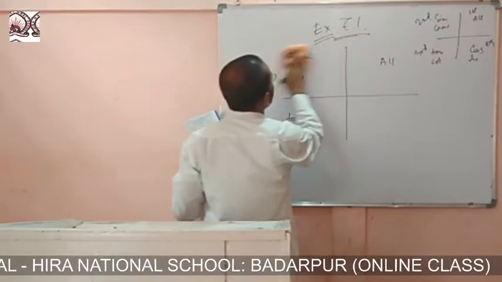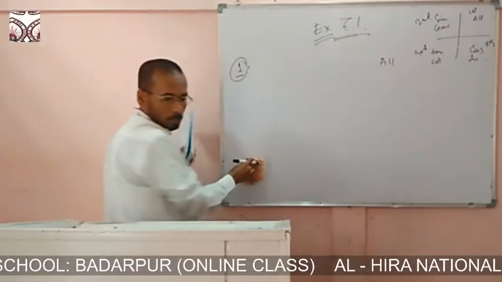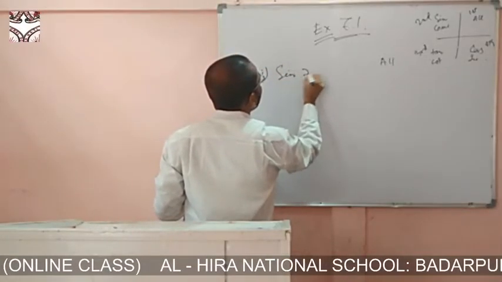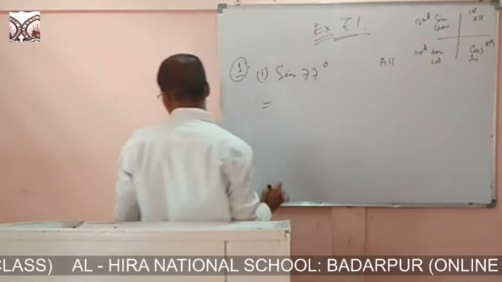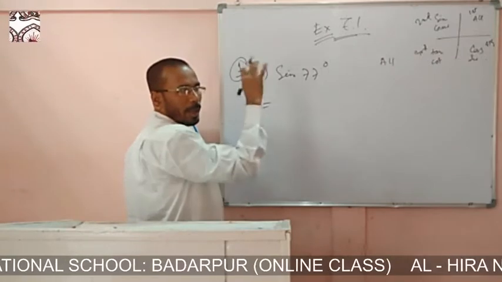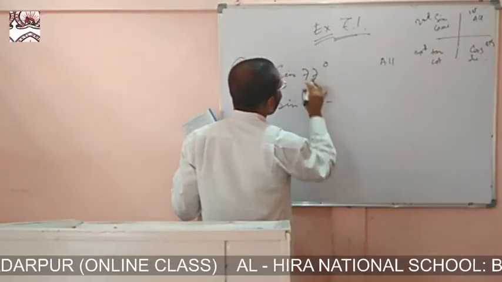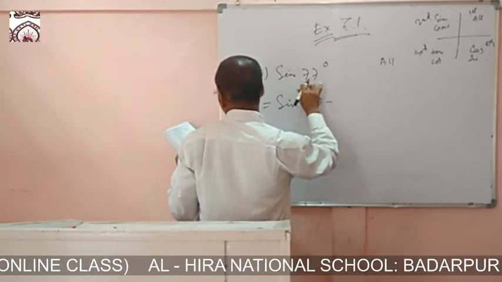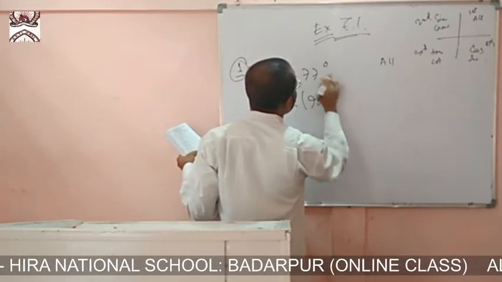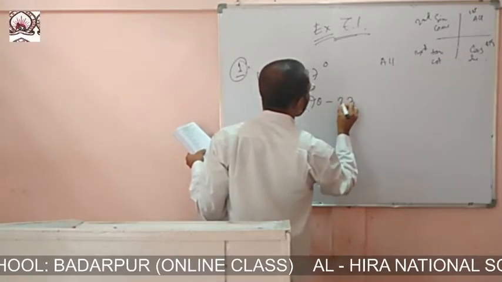Number 1, sine 77. Like in general mathematics, we can write sine 77 as sine 90 minus how much? 10 minus 7 is 3, and 9 minus 7 is 2, so 23.